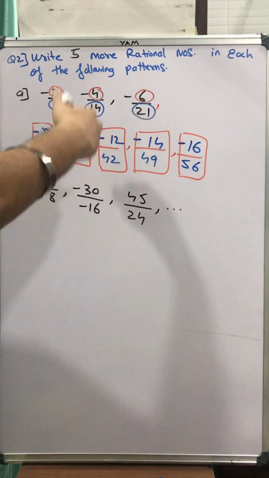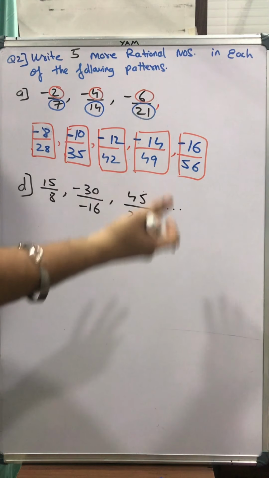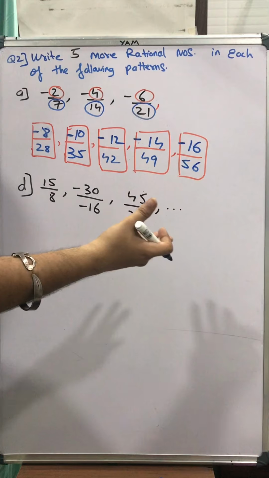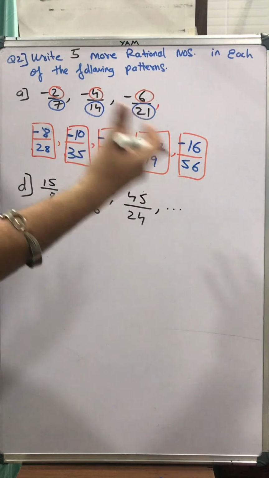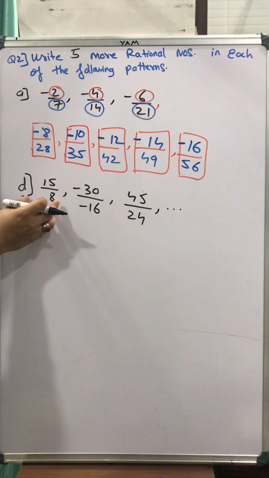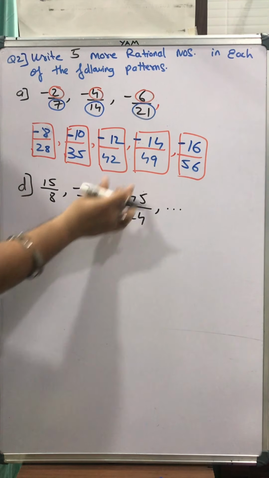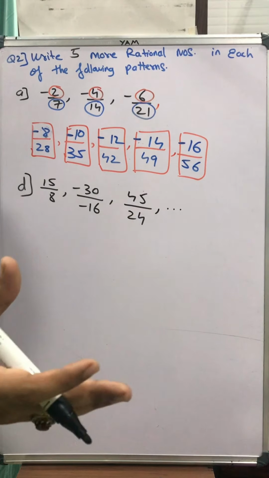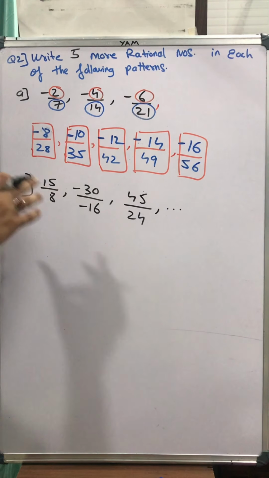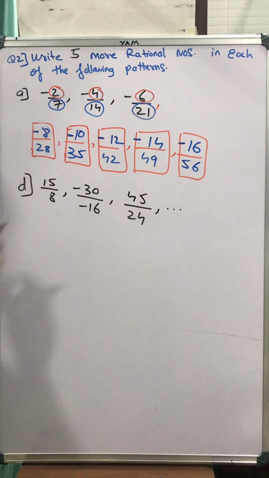That means it goes on, and of course we need to find 5 more rational numbers after this. They have given us 3 terms, 3 elements of a sequence: first, second, third. We have to write 5 more by observing carefully these 3 rational numbers.